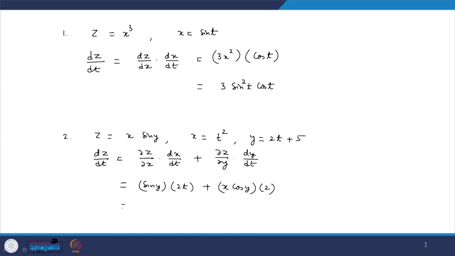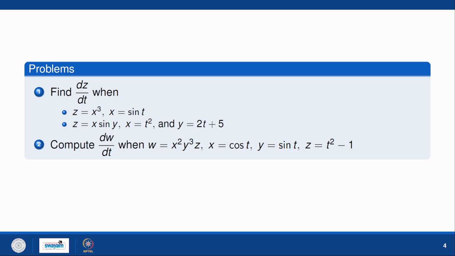So, this will be further equal to 2 times t, sin of y is what, 2t plus 5, plus 2 times x is what, t square, cos y is what, 2t plus 5. So, this is how you can find out dz by dt for this problem.